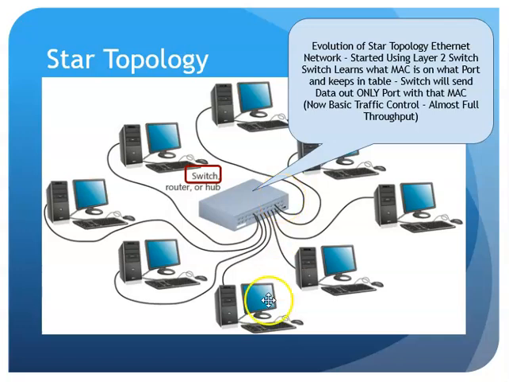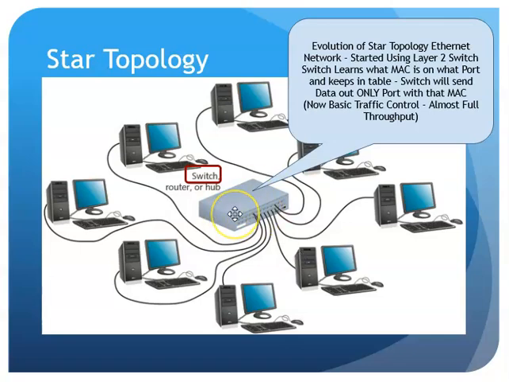Once it learns those, which it does pretty quickly, when computer A wants to send data to computer B, the switch gets it and goes, hold on, I know where computer B is, and it only sends it out the port to computer B. It doesn't send it to everybody. So now I have a lot more throughput because I'm not sharing with everybody.